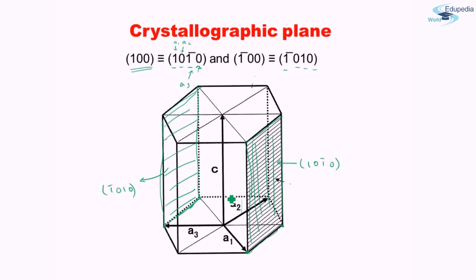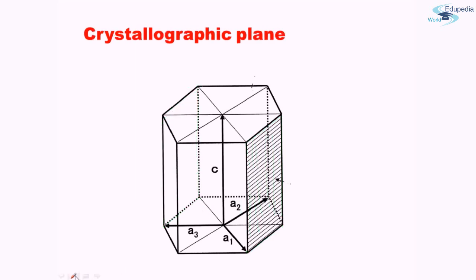Now one example, let's see. Let's do it in a different diagram. These are the basal planes. Okay, these are known as the basal plane. This is the base. So let's suppose we want to find the Miller indices for this plane. What we have to do is find A1, A2, A3 will automatically turn up, and C. Where does it cut each of them?